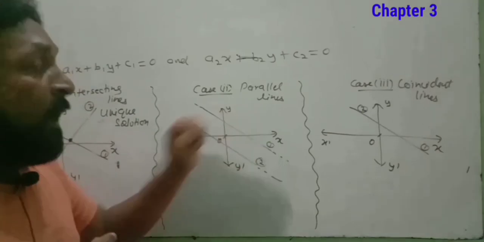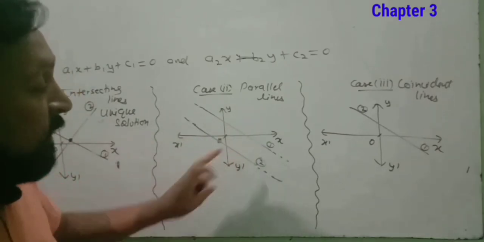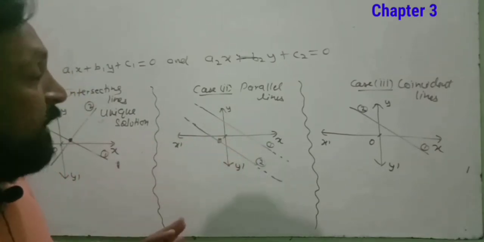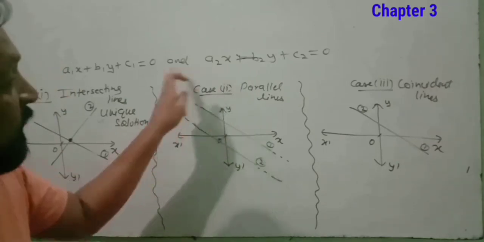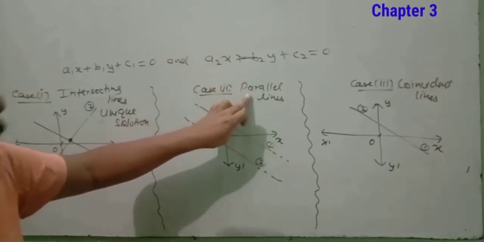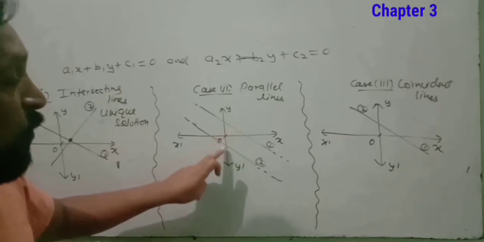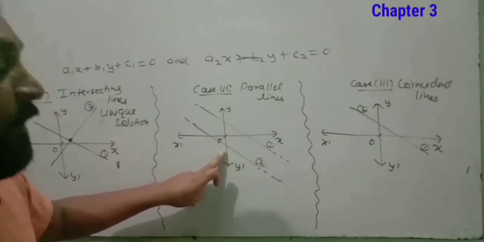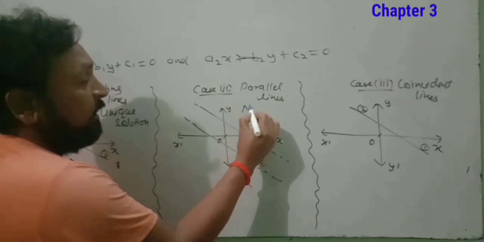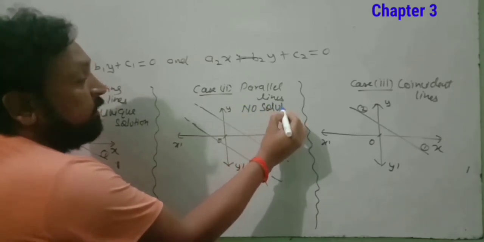When I talk about parallel lines, see here, they are not touching each other at any point. It means no point is common to both the lines. Whatever the case of parallel lines, these two lines will not have any common point. It means they have no solution.